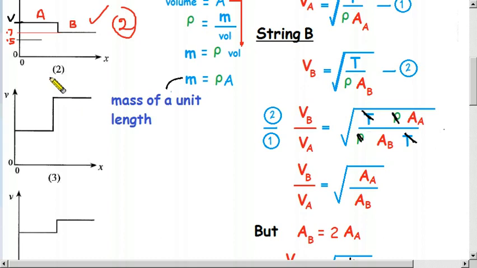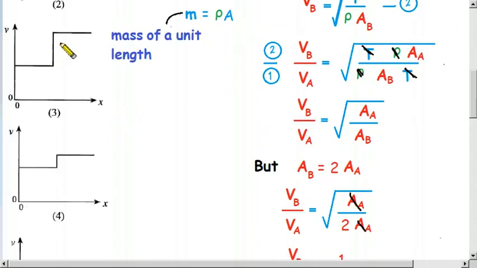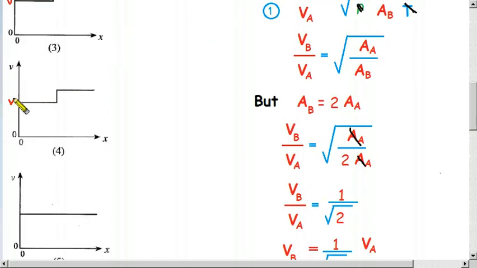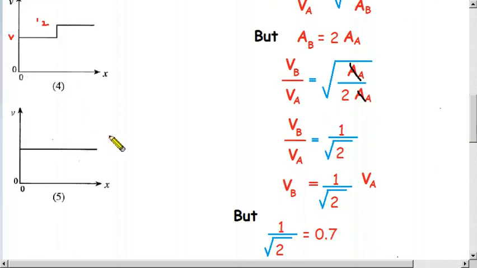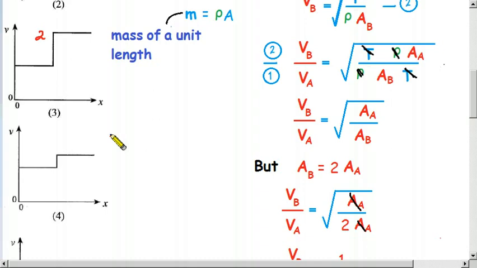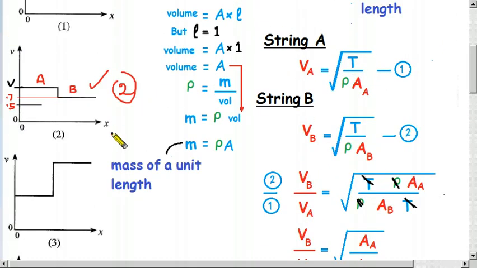Obviously it is something between 0.5 and V. That means it may be 0.7, but these are exactly wrong, because this is 2 times V. If this one is V, then this one shows 1/2 V or something like that. That's wrong. Then increased, however increased, it can't be. So this one is constant, so that also can't happen. So according to the results we obtained, this one is the correct one.